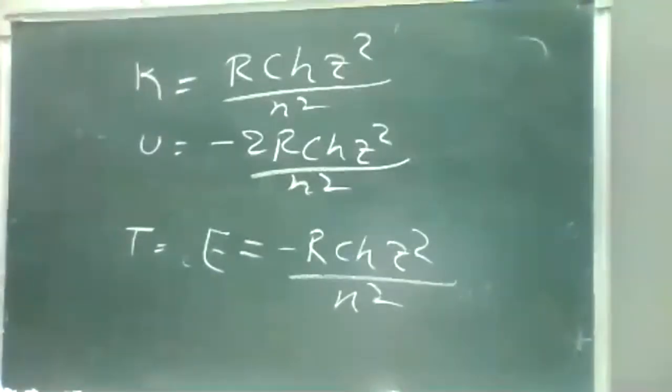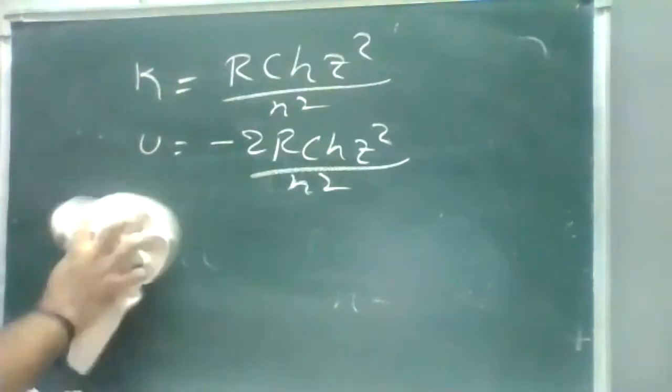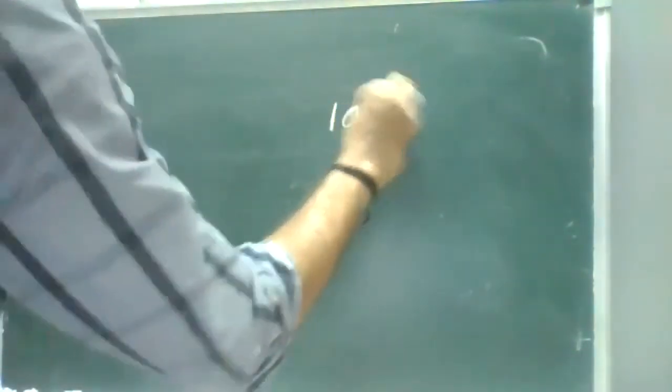First question. An isolated hydrogen atom emits a photon of 10.2 eV.